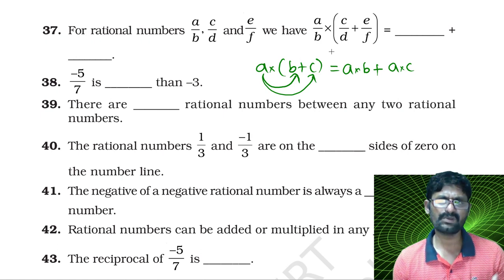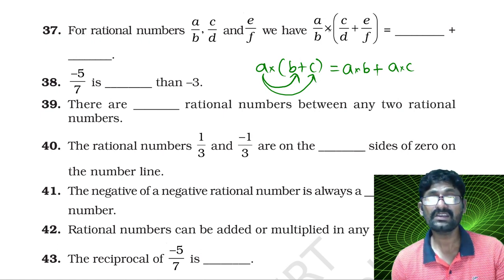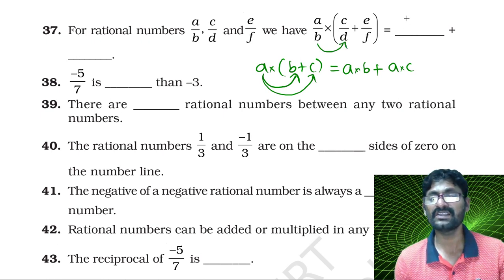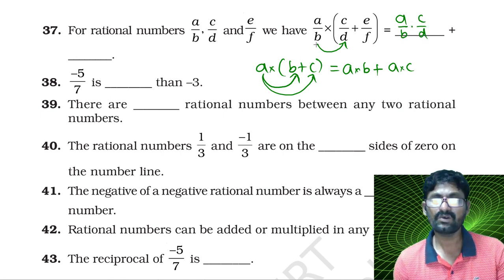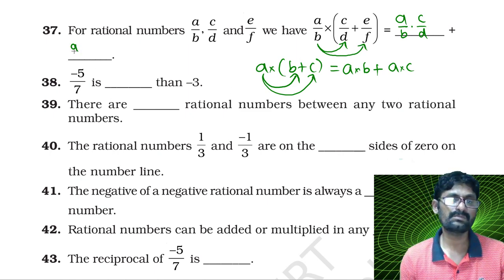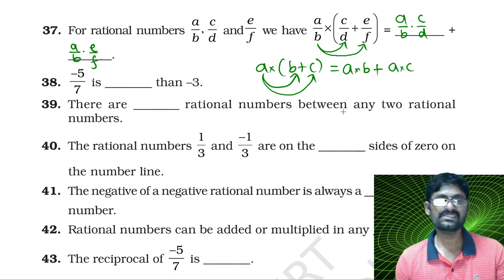We can use the same property here. A by b times, we have something within the brackets, multiply like this, a by b times c by d. So here a by b times c by d plus, then we have a by b times e by f. That's it. That is the answer.